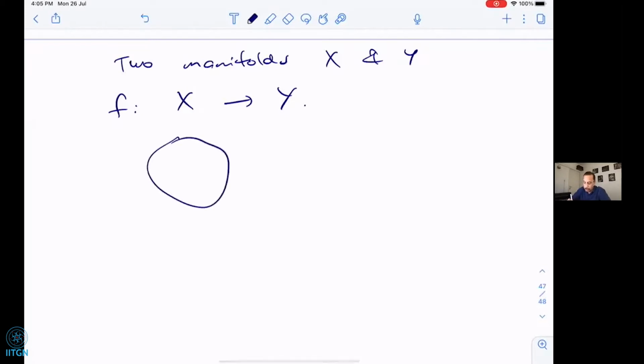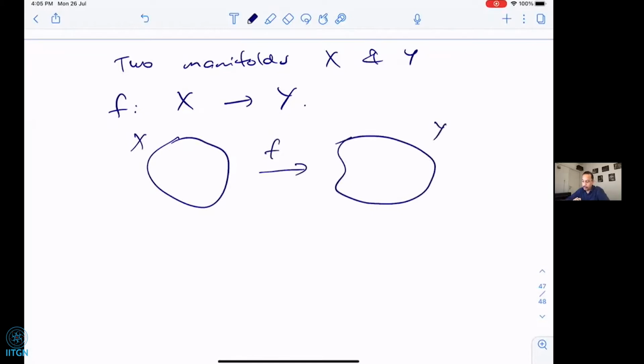So let's draw it. This is the space X, and the function f takes every point in X to a point in Y. Now, supposing I look at an open set U in this first X, and another open set V in Y. So what do I know about U?